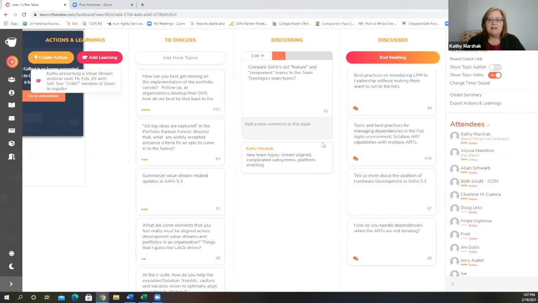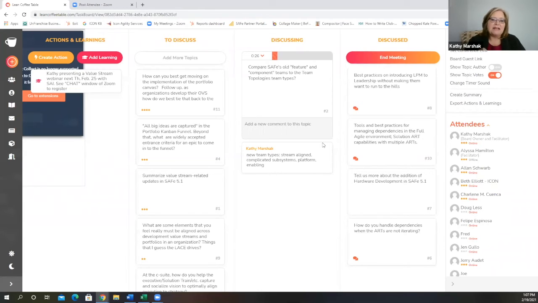The use of Team Topologies really provides helpful language when we are talking with people in our organizations about the types of teams we're setting up and how these teams collaborate with each other. What SAFe hasn't yet integrated into the framework are the collaboration patterns that exist amongst these different team types. So again, I would encourage you to read the Team Topologies book.